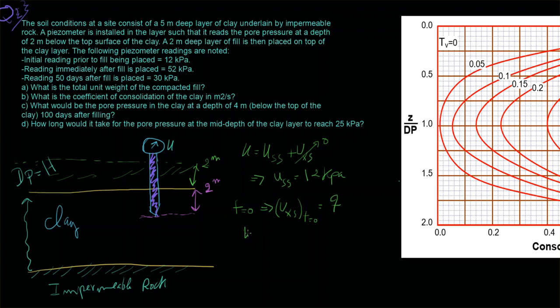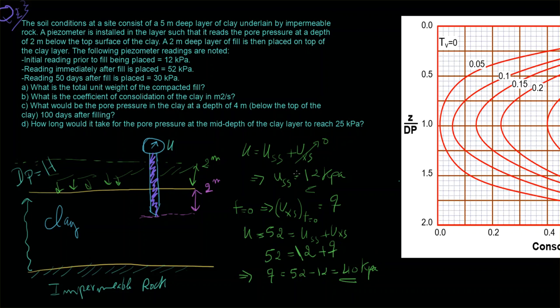So basically my pore water pressure that I just read, which is 52 kPa, equal to U_ss plus U_xs, and U_ss being 12, which we just found, and U_xs is nothing but surcharge, equal to 52. I could conclude that the surcharge equal to 52 minus 12, which is 40 kPa. That means the weight of this fill applied on the clay is nothing but 40 kPa.